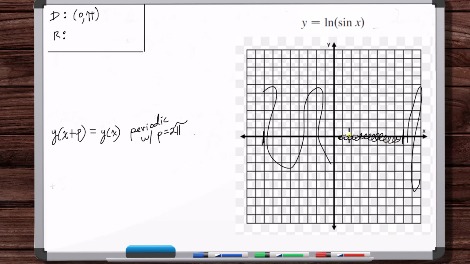So none of this is part of the domain. You don't get a value if you input anything in here. That's why the domain is, in general, 0 to pi, 2 pi to 3 pi, 4 pi to 5 pi. You're not including the under half of the unit circle on any given rotation.